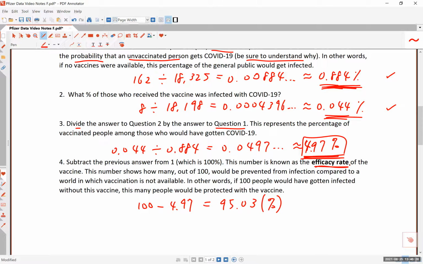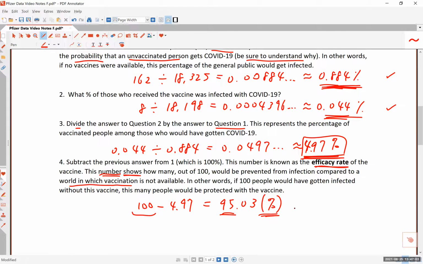Now let's try to understand exactly what it means, okay? This number, as it says here, shows how many out of 100 people would be prevented from the infection compared to a world in which vaccination is not available, all right? So if you take 100 people who otherwise would be infected with COVID without vaccination, 95 of those 100 people would be protected from being infected with COVID-19 if they are vaccinated, okay?